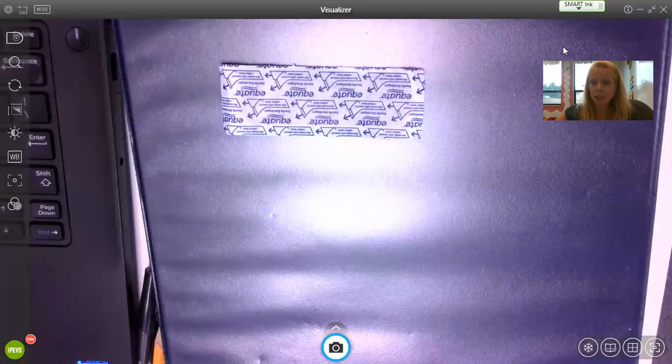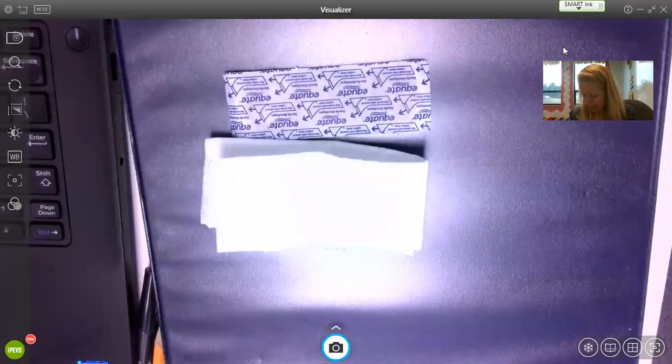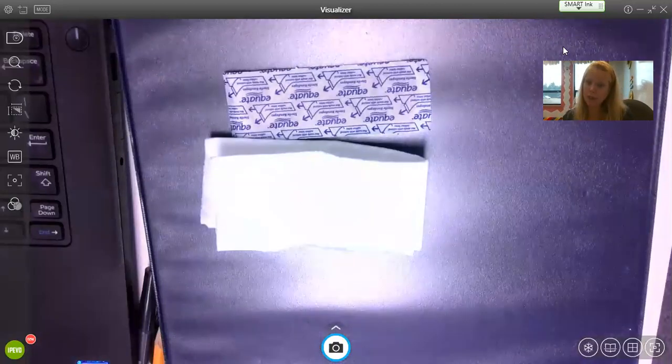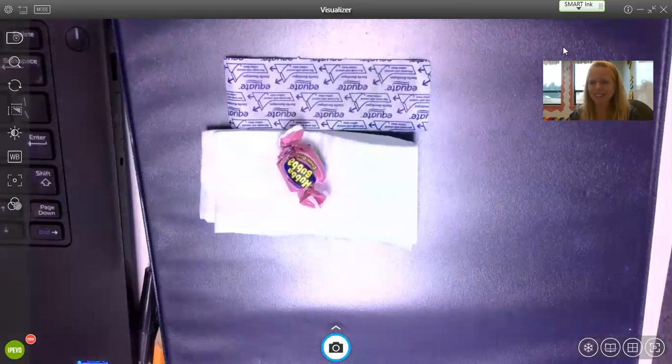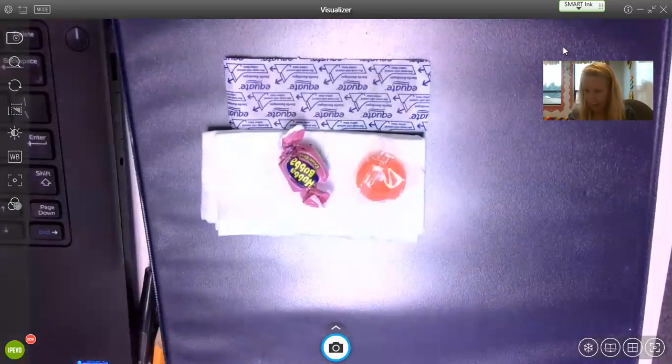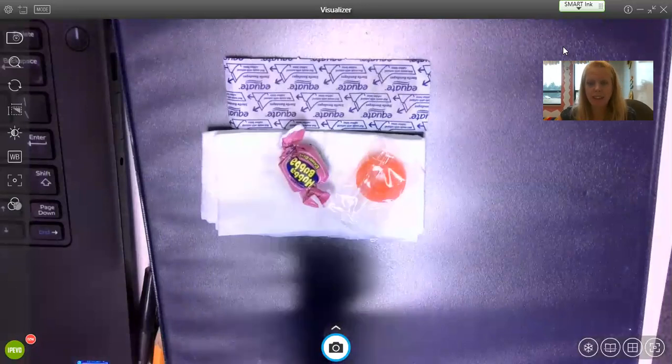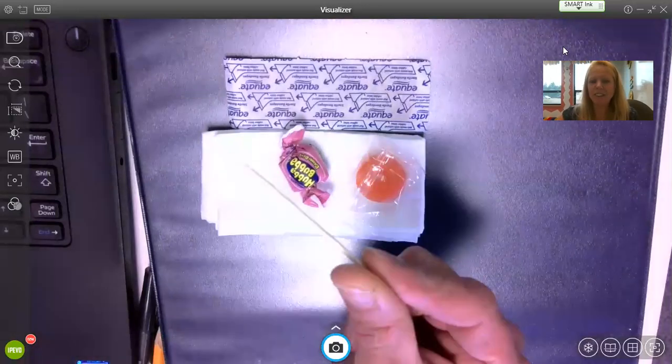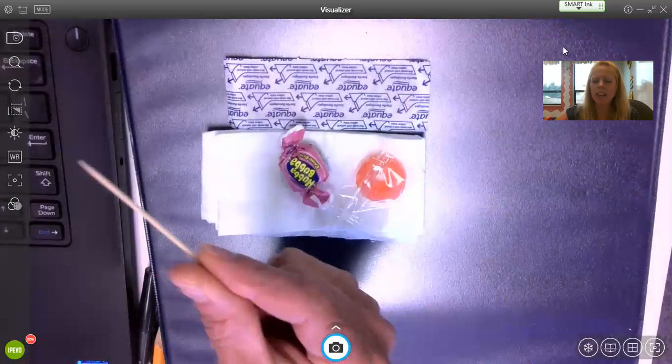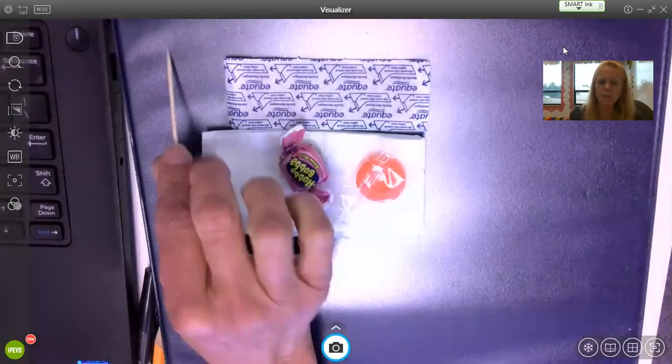We have a tissue. We have a piece of bubble gum, which we don't have in school, so I don't know why that's in there, but it's fun. What does it represent? What could it symbolize? We have a lifesaver candy, a toothpick. That one's a fun one. What could that have to do with being back in school?